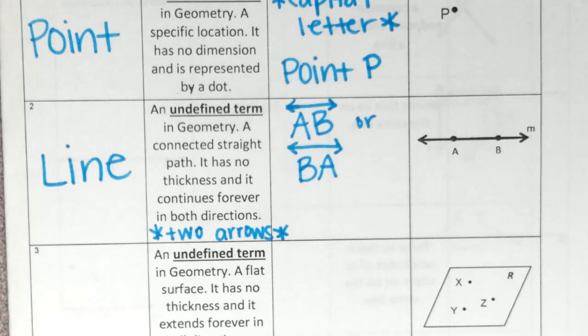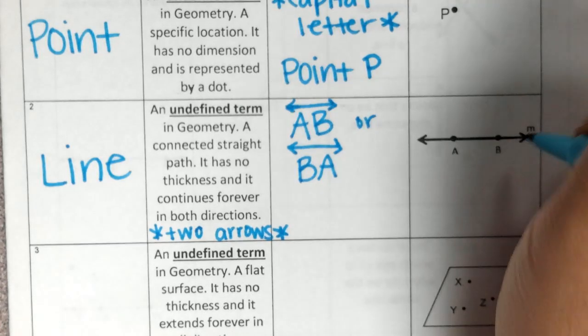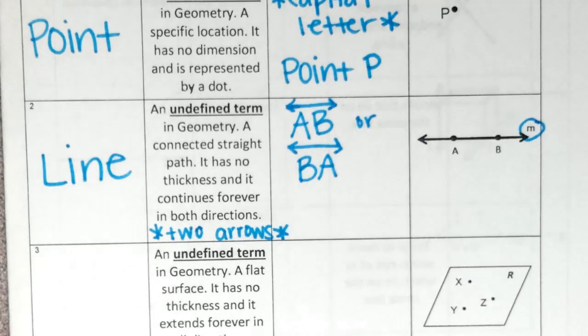Could I call this BM? I want you to circle this M. Is this M a point? How do you know that? You don't literally see a dot, right? And what else is wrong with it? What else did I tell you about points?